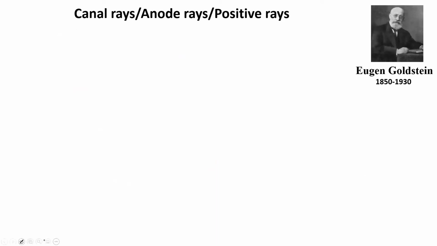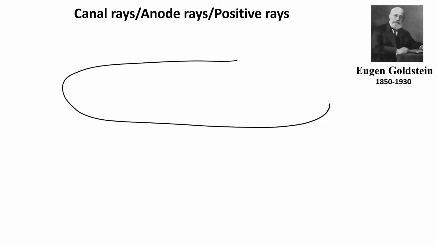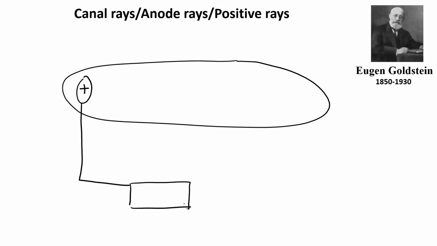Now, what he did is that he took a cathode ray tube like this, and he connected his anode, the positive end, to the positive end of the power supply.